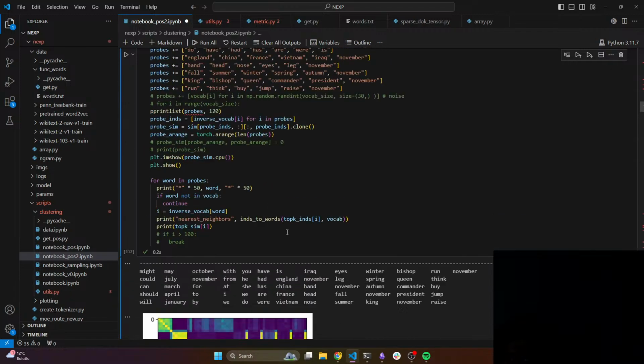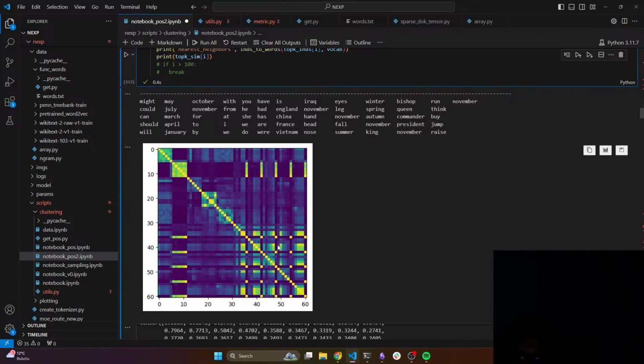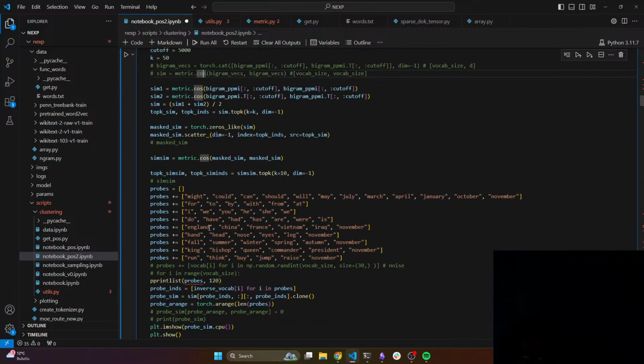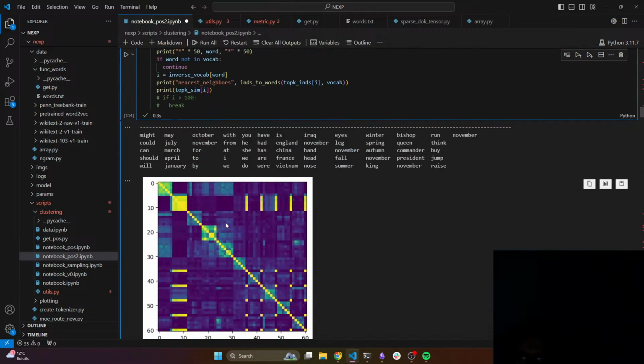But it appears that using too much context does not help for some reason. Probably they give some false information. So it makes sense to use the most frequent words as context. That's the first thing that I learned here.